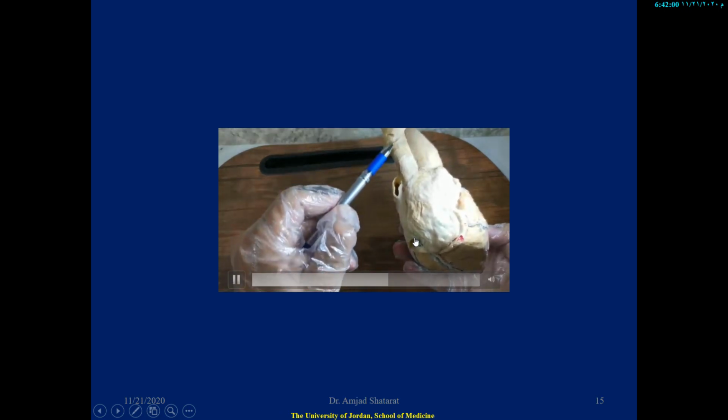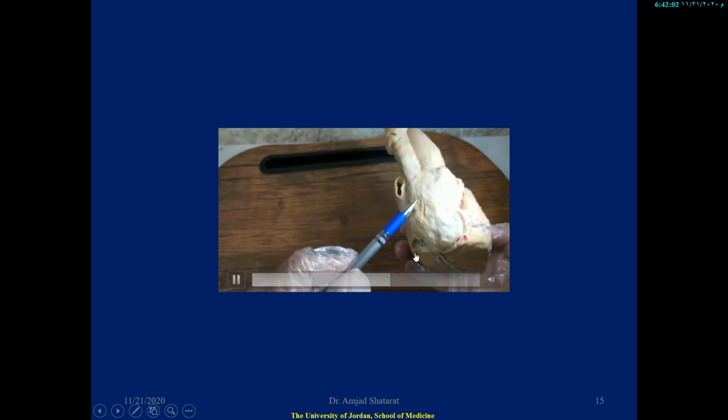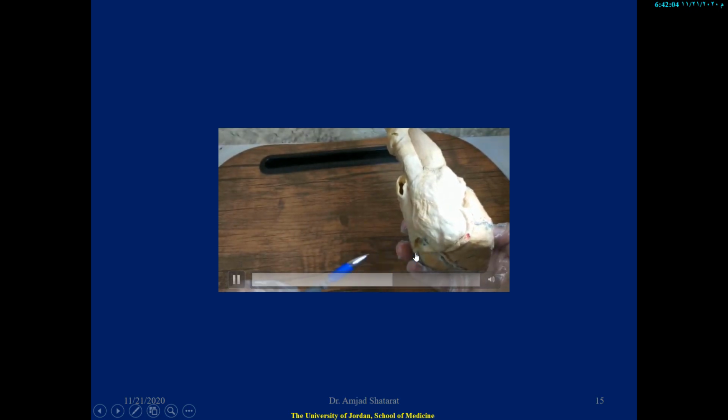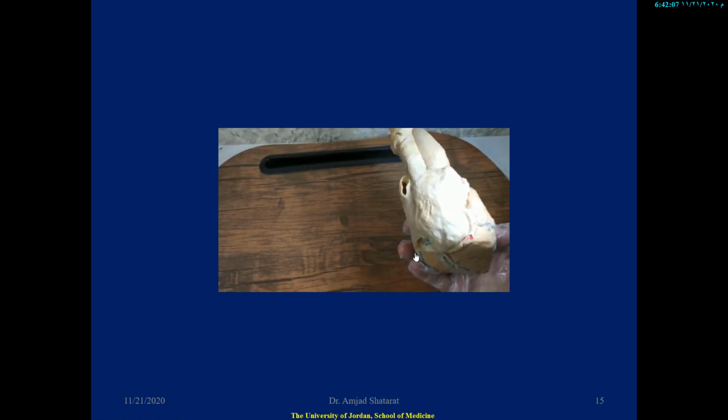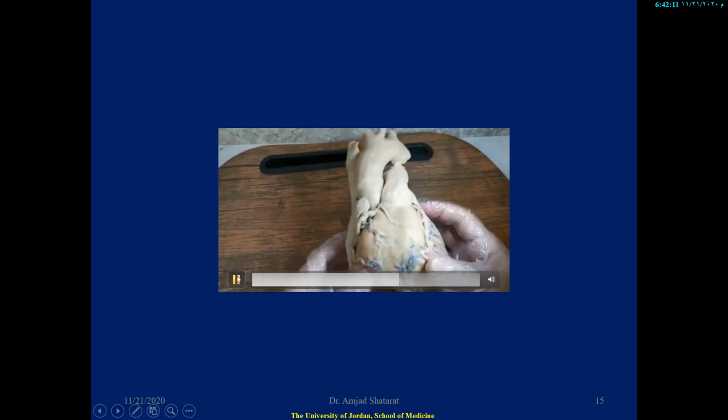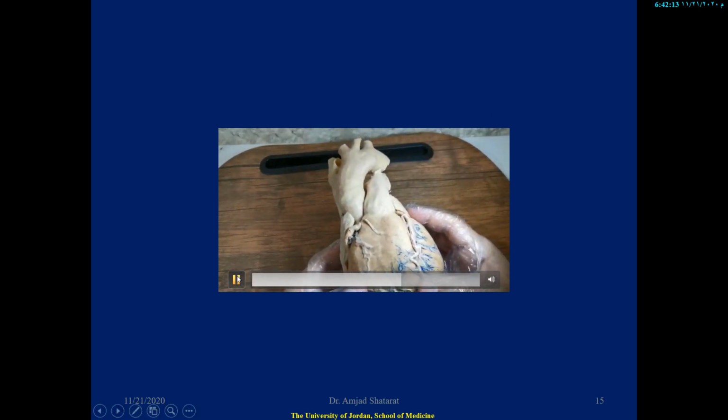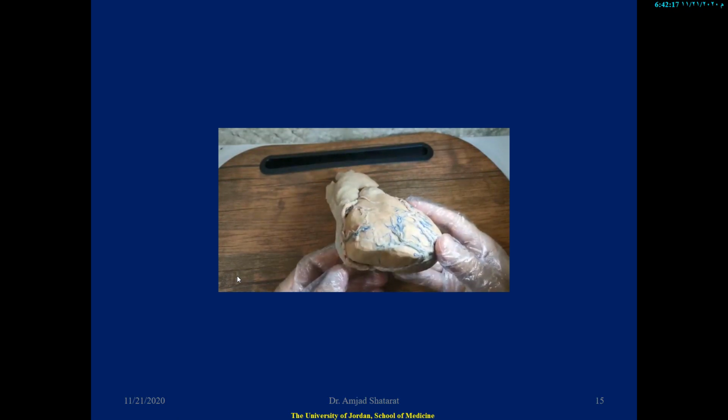So this is the right border: superior vena cava, right atrium, and a little contribution of the inferior vena cava. Those are the right and left borders of the heart on an X-ray.